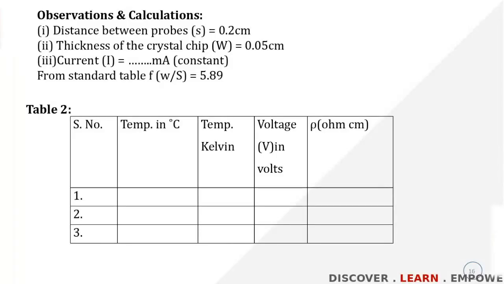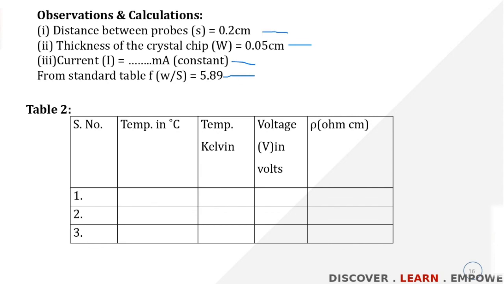This is the observation table that you have to make, and you have to take the temperature in degrees Celsius. Then take your temperature in Kelvin and the voltage you are getting from the experiment, and the value of current you have fixed. You can see here the value of current, the value of the function, the value of W we are using, and the value of S, the probe spacing, we are using here.